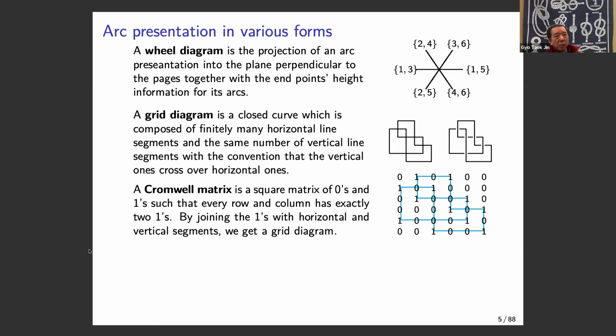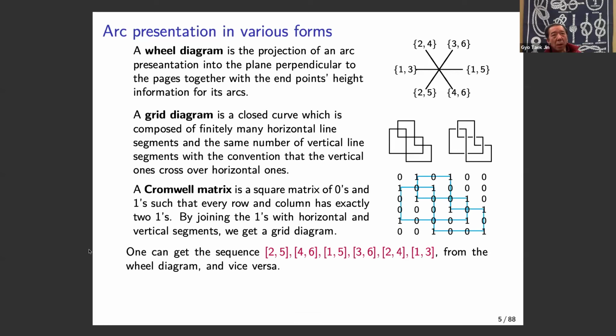And a Kronecker-style matrix is a square matrix of zeros and ones, such that every row and column has exactly 2 ones. Then by joining the ones with horizontal segments and vertical segments, you get a grid diagram.